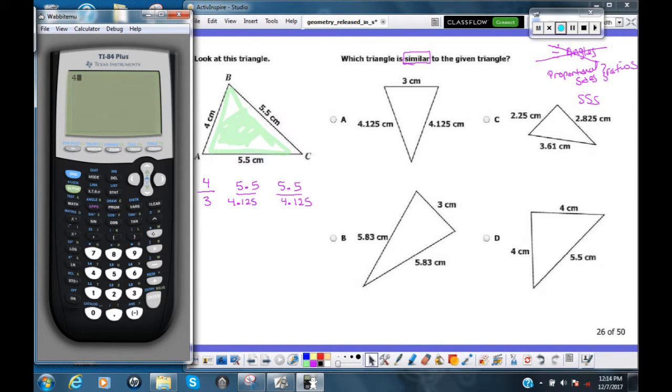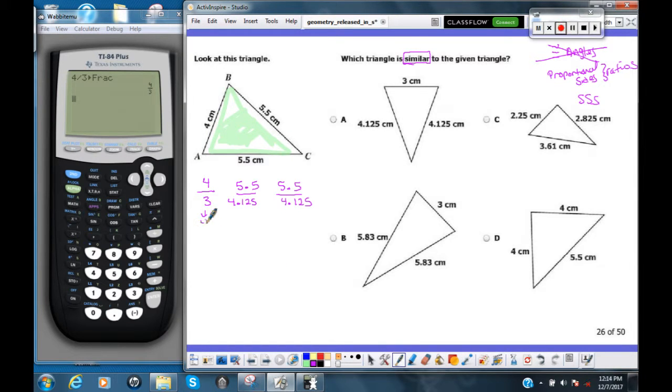Let's try that again. 4 divided by 3. That's going to be in its lowest term.